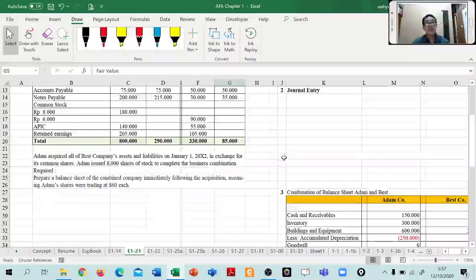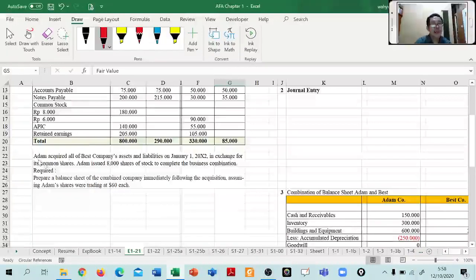The first thing you must understand is whether it is an acquisition of stock or an acquisition of asset. This is the important point. Based on that information, we find that this is an acquisition of asset.